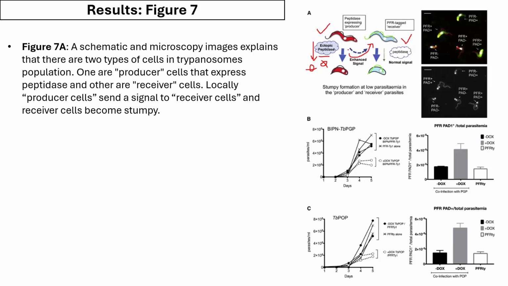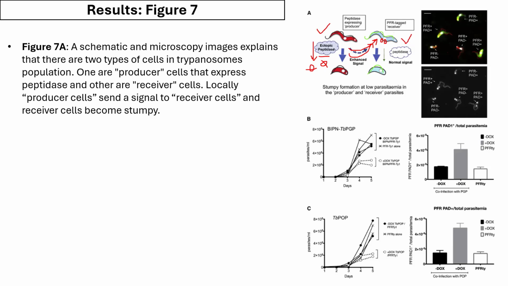Then the receiver cells will receive those peptides as a signal through GPR89 protein, because that GPR89 protein will be present on the surface of these trypanosomes and will help in obtaining the signal from these oligopeptides.